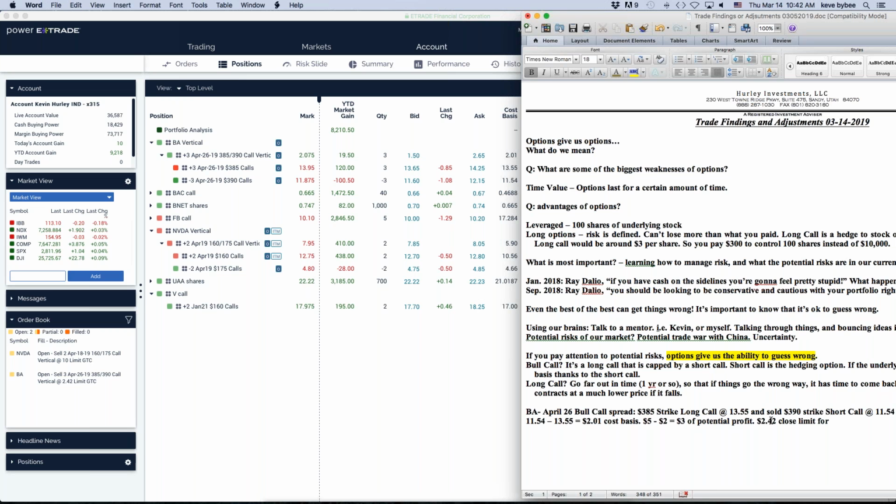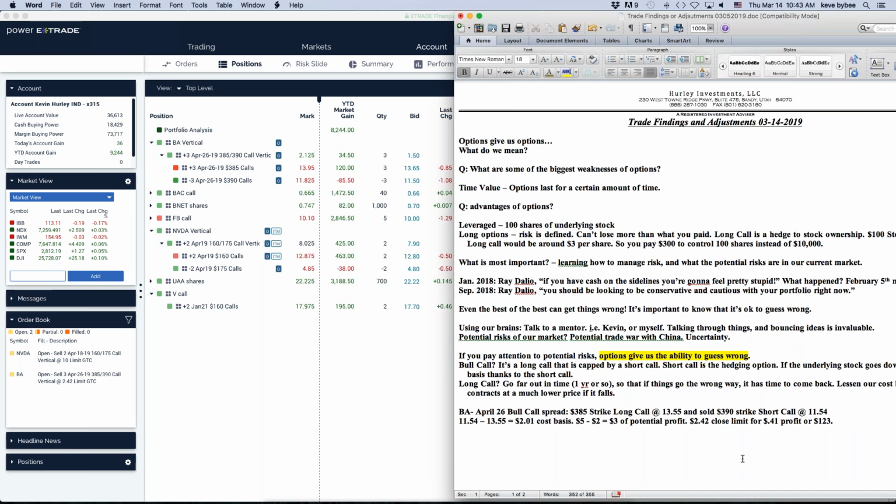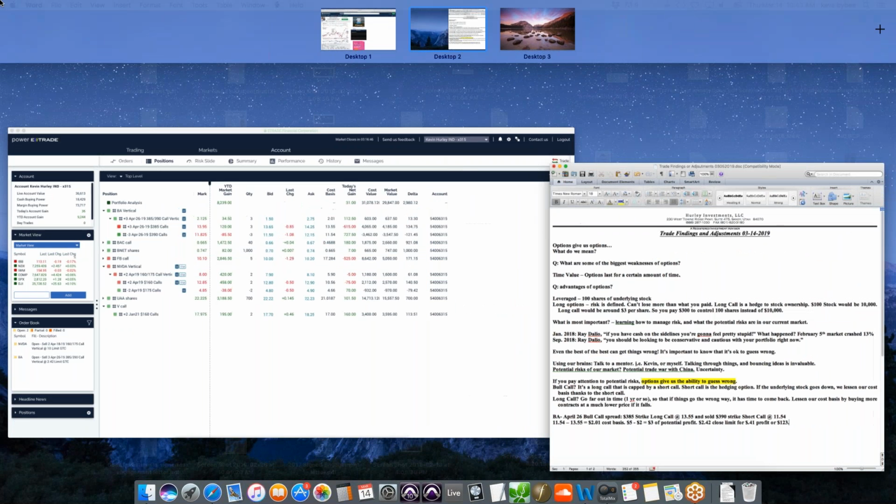For a 41 cent profit, $0.41 times 300, or 123.